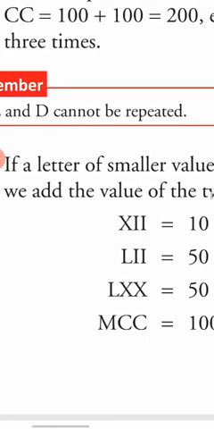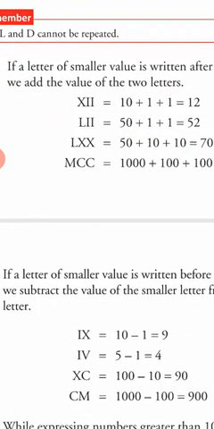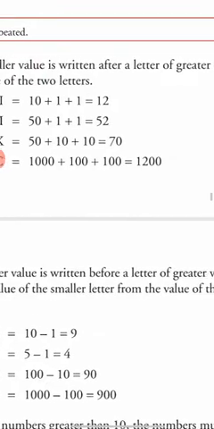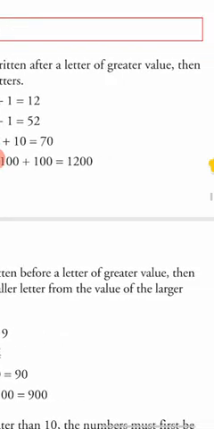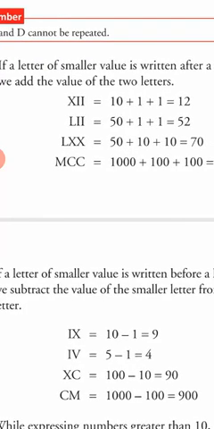Okay. So now let us move towards rule number 2, and that is, if a letter of smaller value is written after a letter of greater value, then we add the value of the two letters.